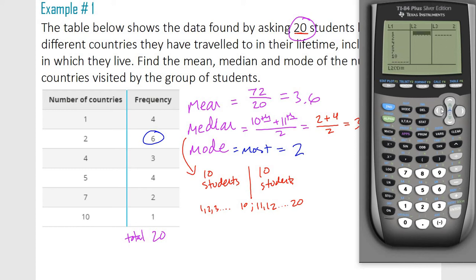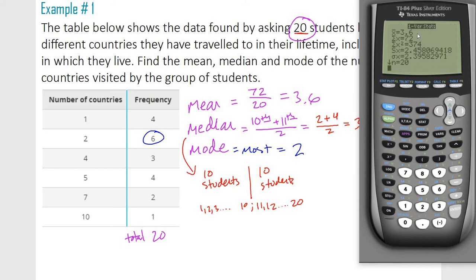And then we put the frequency in: 4, 6, 3, 4, 2, and 1. Then we do our calculation. Go to Stat, then over to Calc, do one variable stats, list 1, so second 1. Frequency is list 2, and then we calculate.